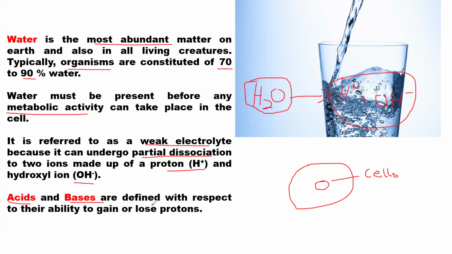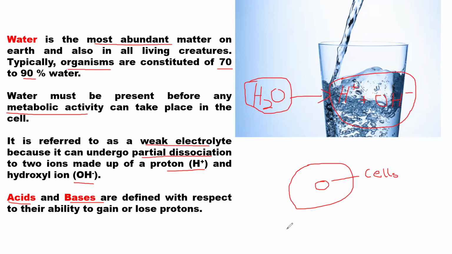It's a substance that dissolves in water to produce hydrogen ion. That is an acid. While a base is a substance that dissociates to produce hydroxyl ion.